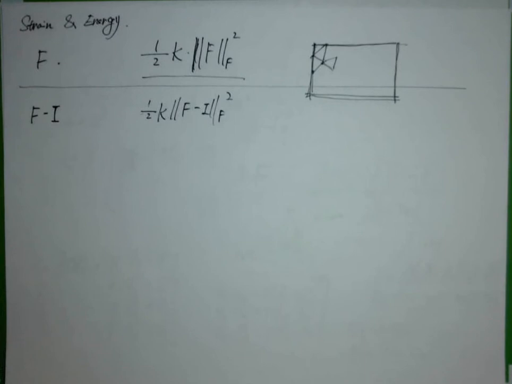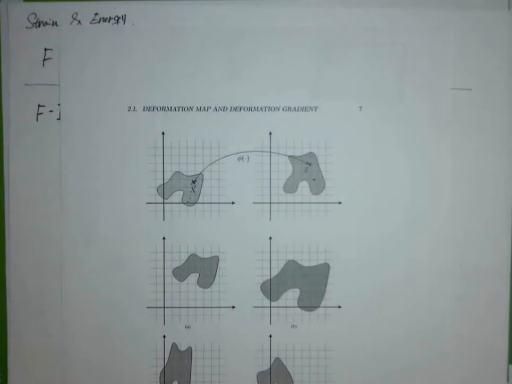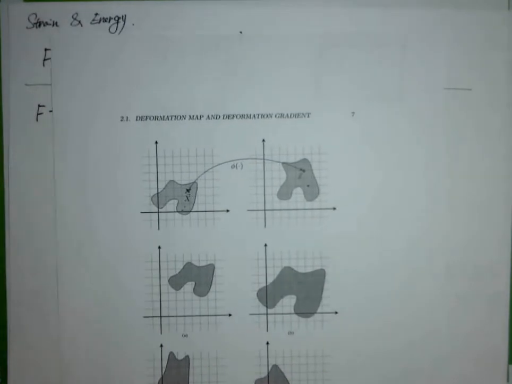F has 9 degrees of freedom, where 3 degrees of freedom inside is rotation. All right. And we are not expecting any elastic energy under some rotational deformation. If I just purely rotate my object from one pose to another pose, there should not be any force inside it. But what about this one?